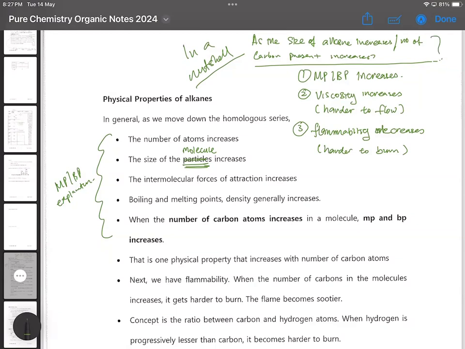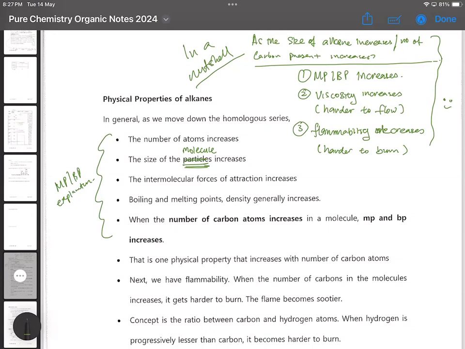Or you mean this one versus all the points here? Oh, this one is good enough. But of course, for the melting and boiling point portion, that's the explanation. This explanation portion can appear in bonding also. So the explanation part is more no choice.